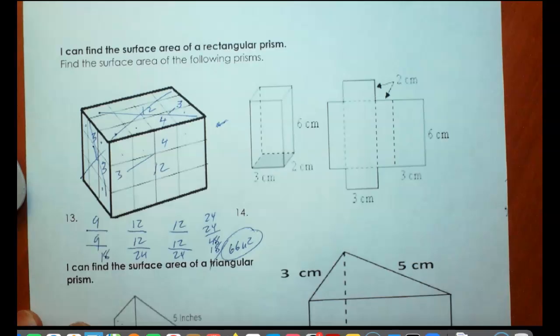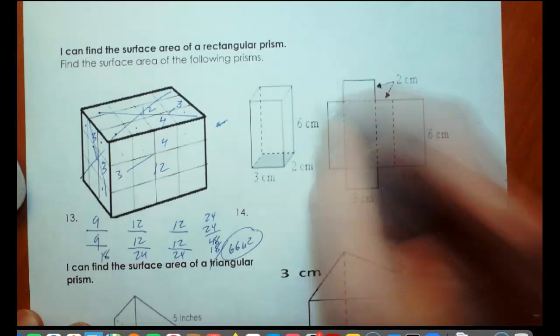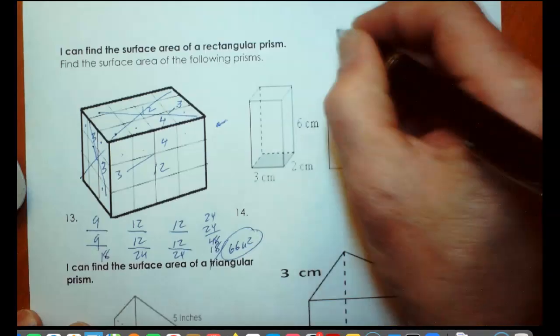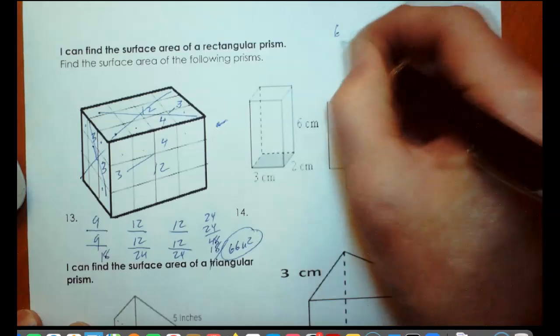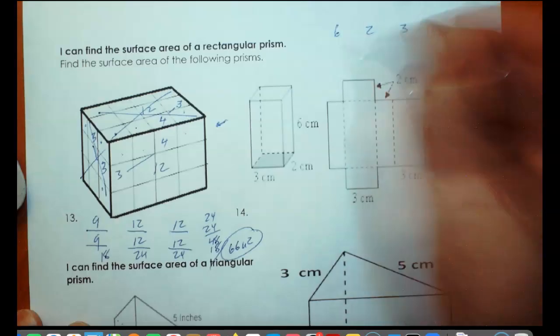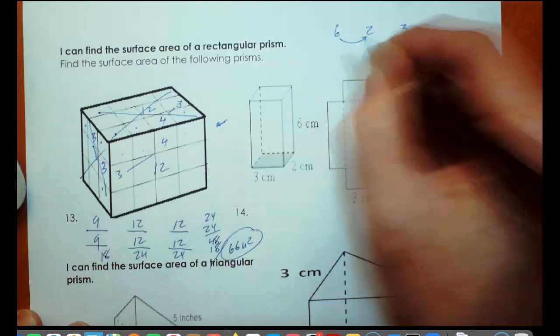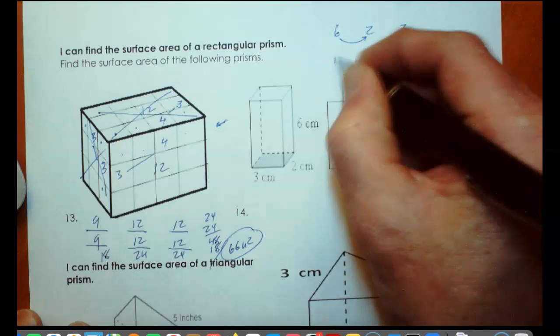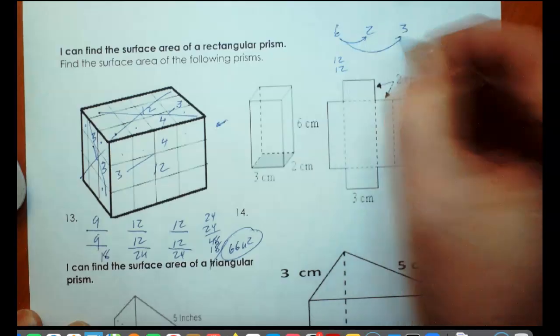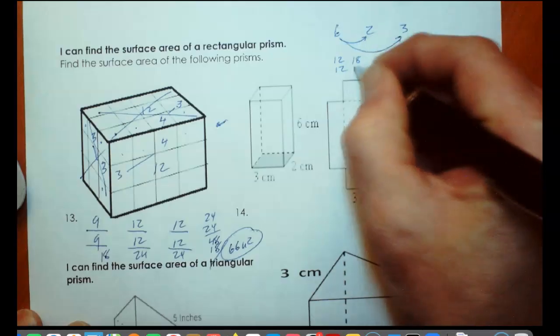Another way you can do this is to take the numbers, like on this problem here. You can take the numbers 6, 2, and 3, and I call it the speech bubble method. You do 6 times 2, that's 12, and there's 2 of them. There's 2 sides that are 12. You can do 6 times 3, which is 18 and 18.